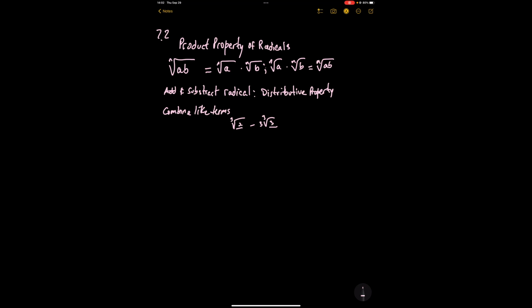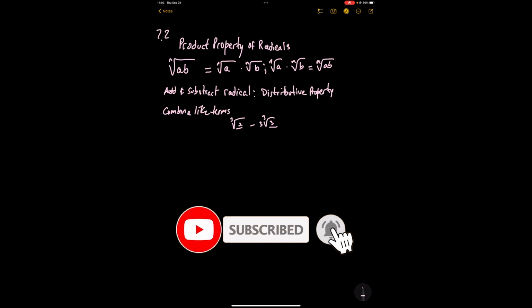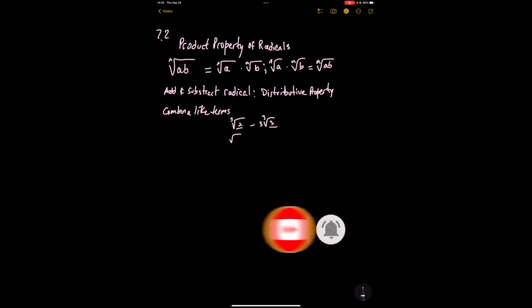Other times, it is the indices that are different. The indices are when you have the cube root of 2 minus the square root of 2. In this case, the radicands are similar, but the indices are different. That's the 2, that's the 3. So in that case, you cannot add them together.